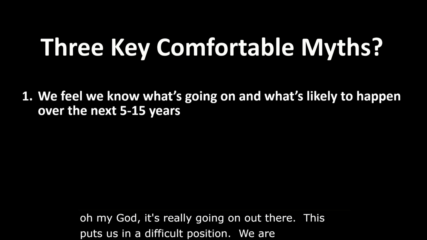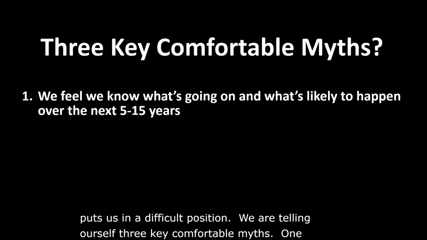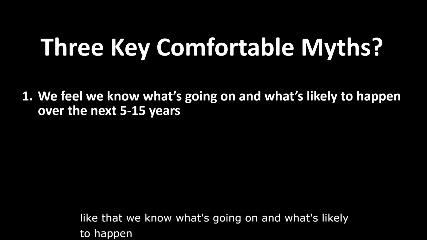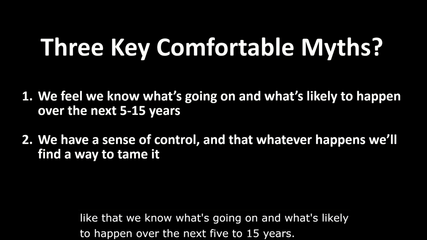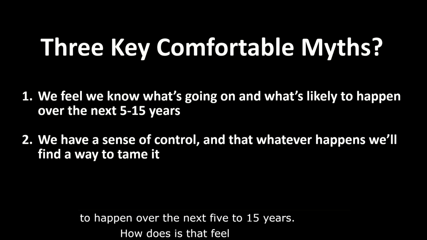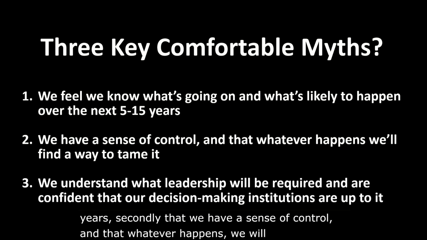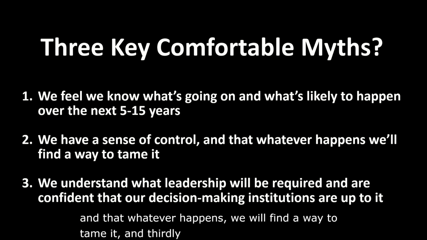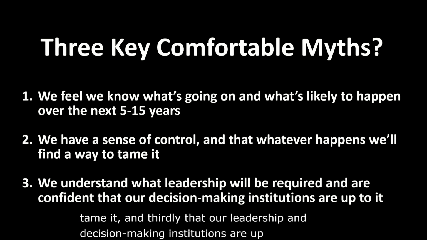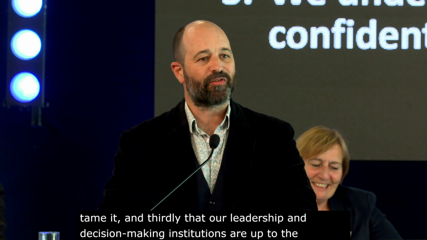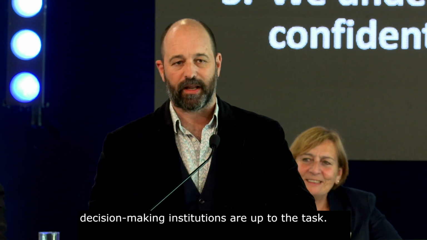One, that we feel like we know what's going on and what's likely to happen over the next 5 to 15 years. How does that feel after the last 3 years? Secondly, that we have a sense of control and that whatever happens, we'll find a way to tame it. And thirdly, that our leadership and decision-making institutions are up to the task. Yeah, again, lots of evidence to really back that one up right now.